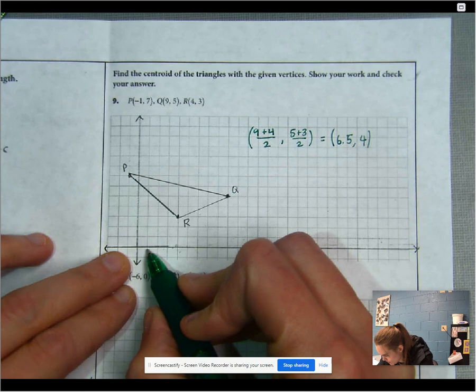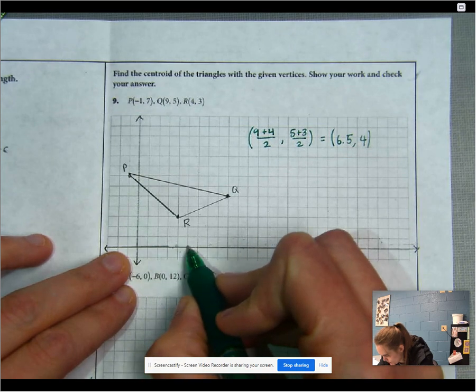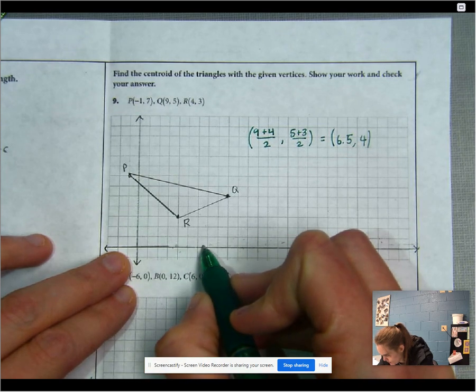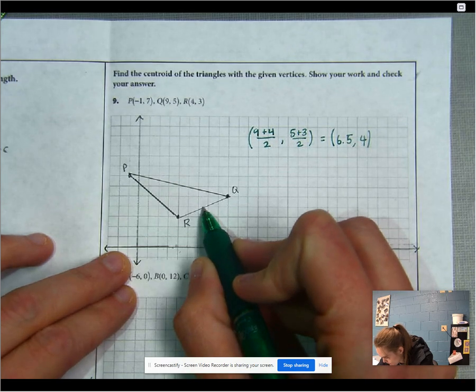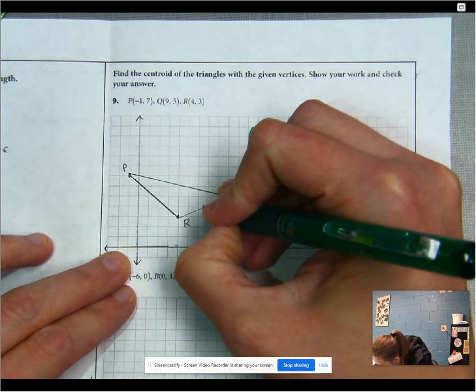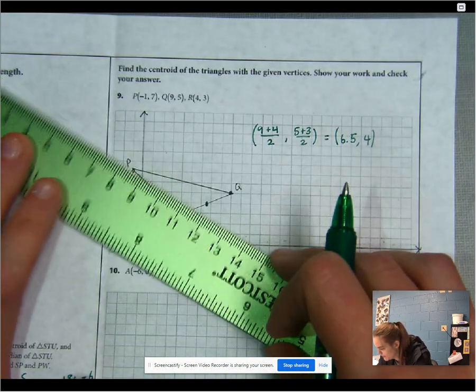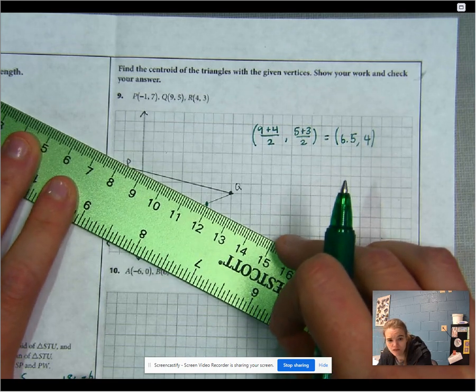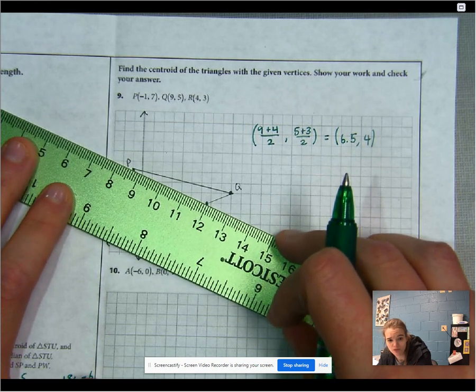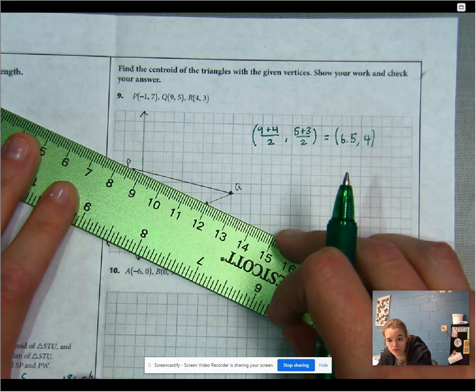So (6.5, 4). 1, 2, 3, 4, 5, 6.5. 1, 2, 3, 4. Right there. I'm going to draw from P to that midpoint. You've got to be as precise as possible, because if you're not, you won't get the right centroid.